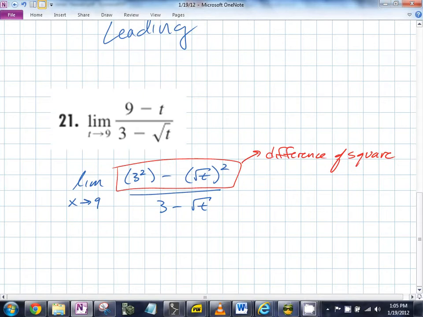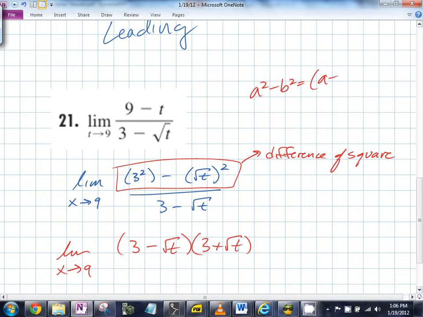Remember, everybody? a squared minus b squared is equal to what? a minus b times a plus b. Yes, c comes after b, but we don't necessarily always have to write it that way. a plus b, right?